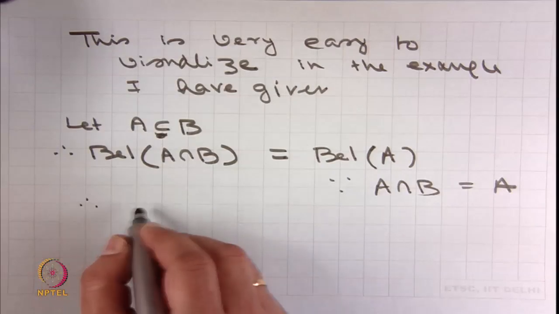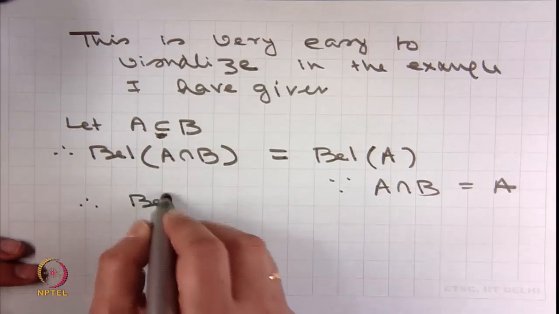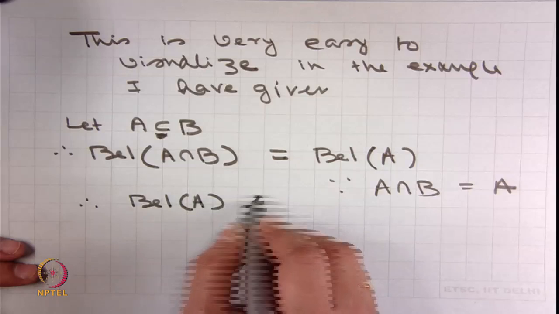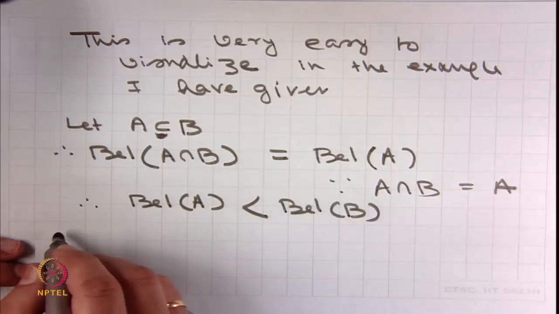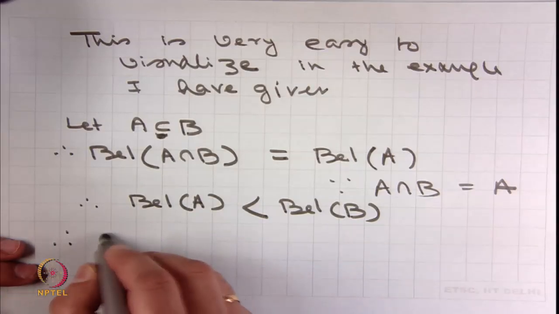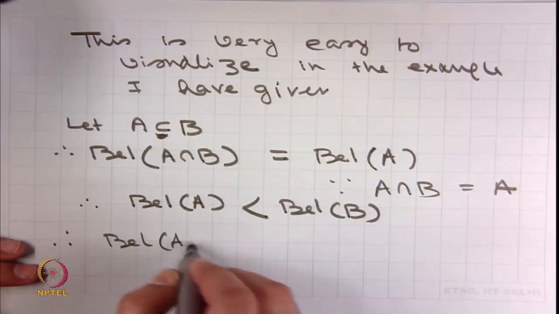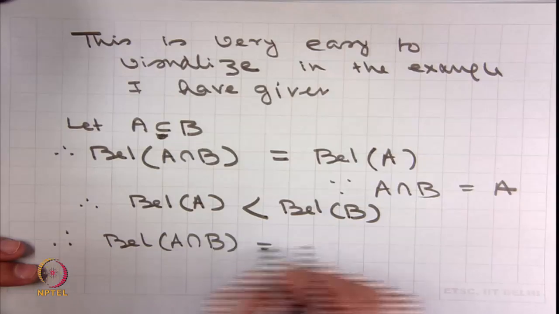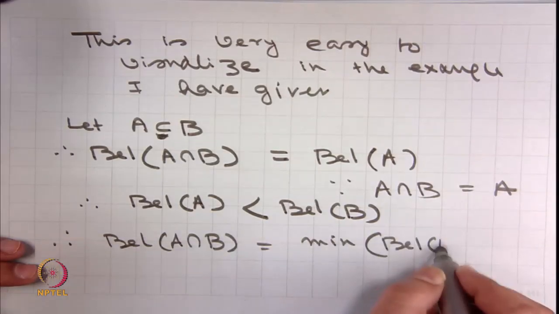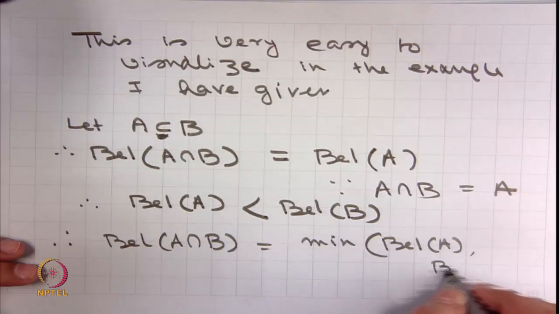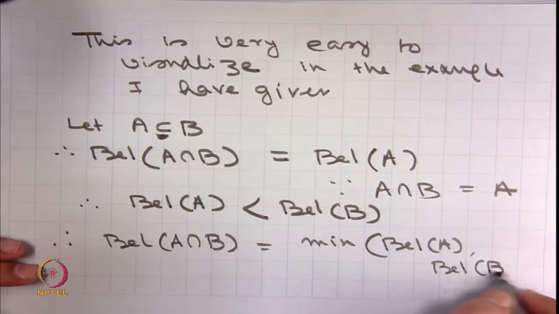Therefore, belief of A is less than belief of B, and therefore, belief of A intersection B is equal to minimum of belief of A and belief of B.